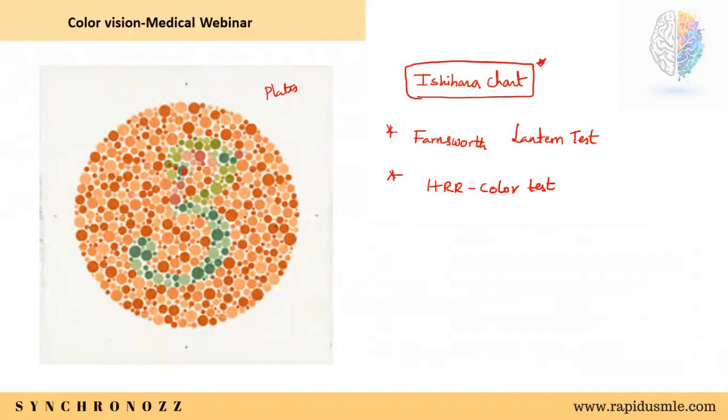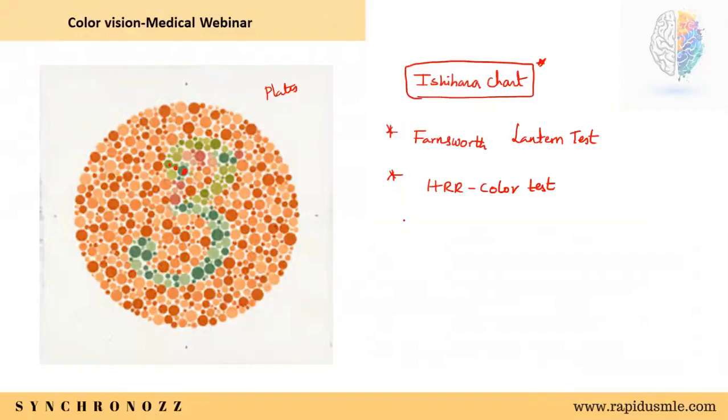Based on that, you can identify. If you are able to see this chart, it means you are not a color blind person. But if you are facing any difficulty in reading the number mentioned there, you can answer that. The number I can perceive is 3. If I am able to perceive it, it says that I am not color blind. This is how Ishihara charts help in identifying a color blind person.